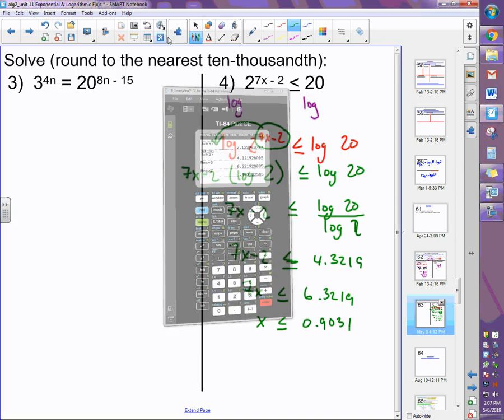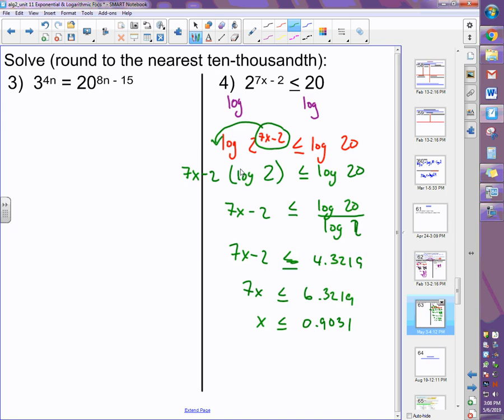Now, I made a mistake in our last video about the inequalities, so I want to correct it. When it comes to the less than inequality in particular, not only do you get this as an answer, there's an extra step we need to take.